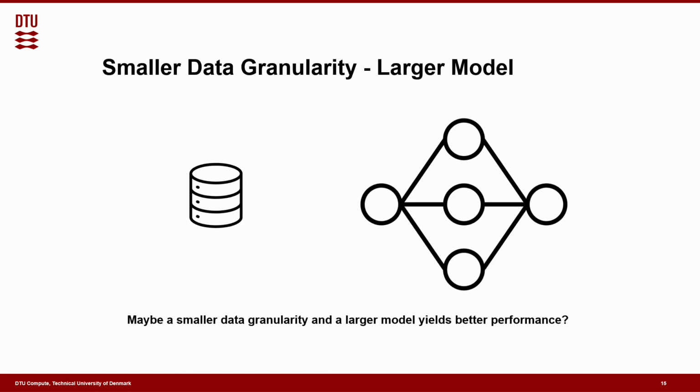But it could be that maybe you can reduce the amount of resources that are used by our input data and use those resources to construct a more advanced model that's maybe going to give a better predictive performance.